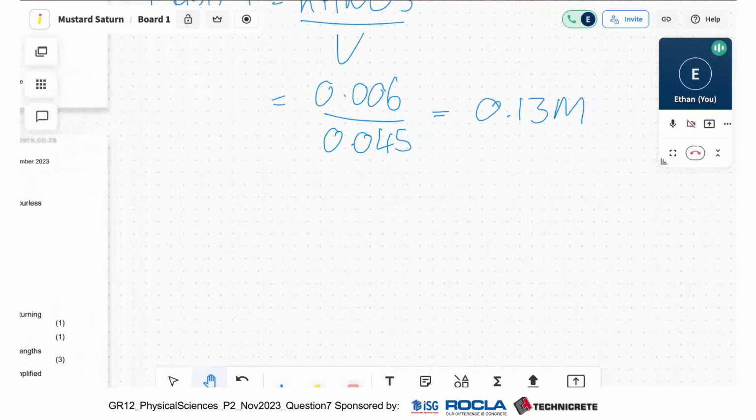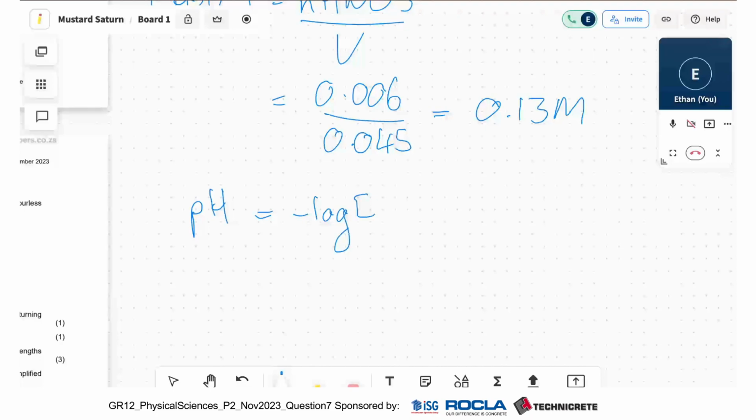Now that we know that concentration, we can calculate the pH. You just have to remember that the formula for pH is pH equals negative log. This log is base 10, so you can put it in like that on your calculator.